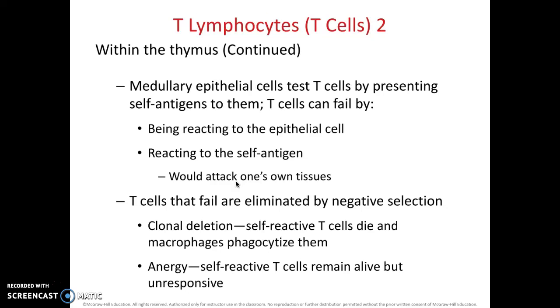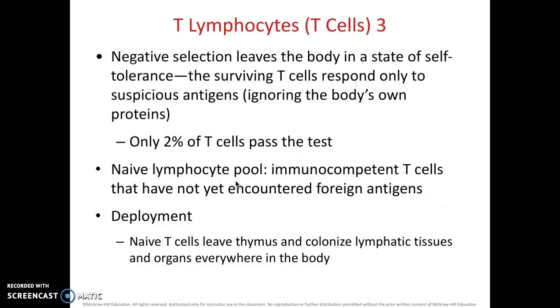This could be because of clonal deletion, which means that they're self-reactive T cells and they die, and macrophages will then phagocytize them. Or they can undergo anergy, which is when self-reactive T cells remain alive, but they're unresponsive, and then they kind of just go off and die.